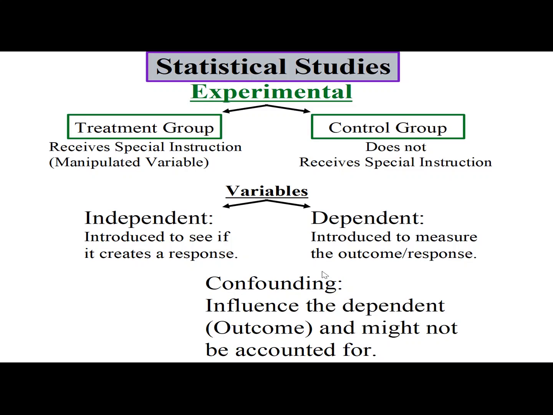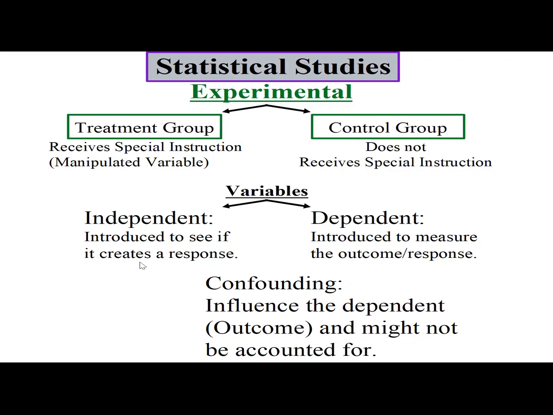Let me ask you guys, who do you think drives the fastest? Older people or younger people? I'm sorry, I couldn't hear. Younger people, right? So one thing that I didn't take in consideration was age. So that's what we call a confounding variable that might create something that's going to change in my study.